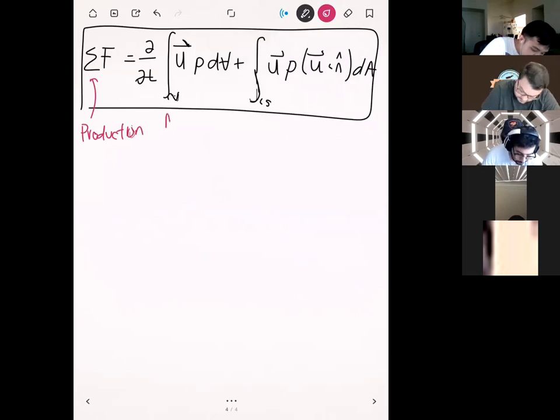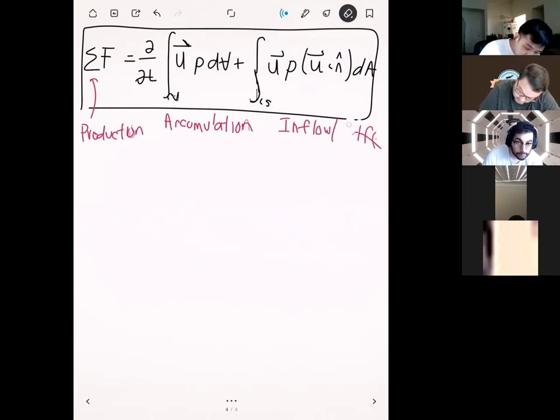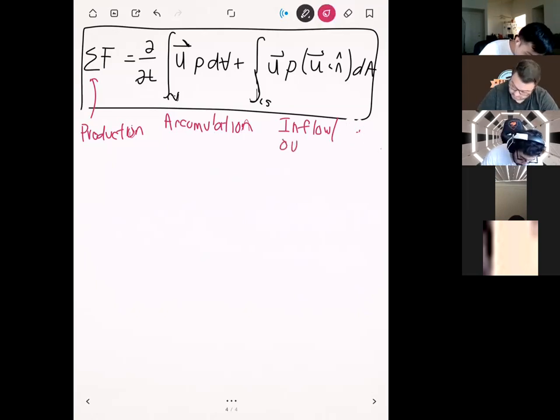This right here is accumulation. And this last term right here is inflow outflow.